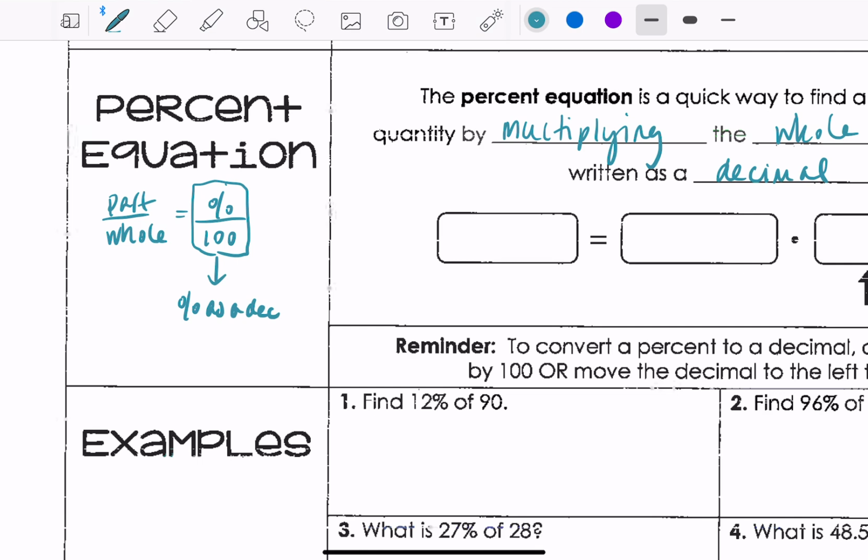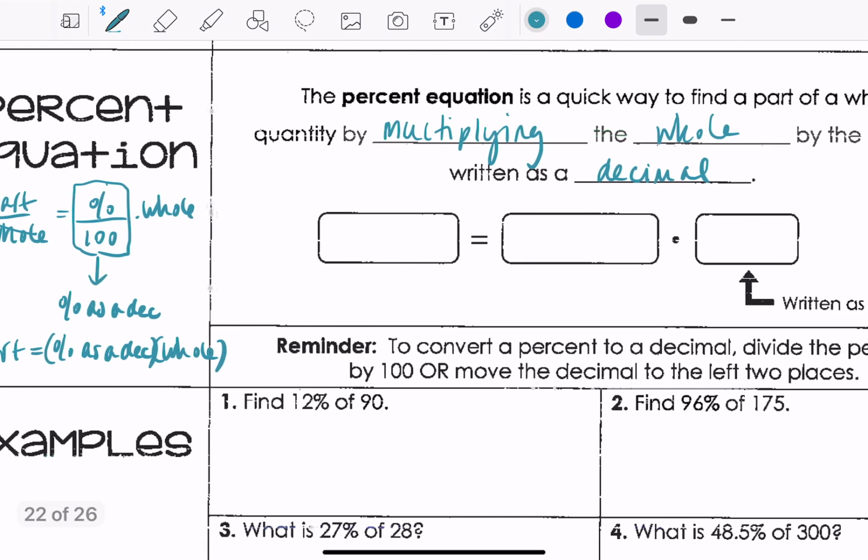And if I wanted to get the part all by itself, if I multiplied both sides by the whole, I would end up getting whole over whole, which would cancel out to be 1, and I would end up with part equals percent as a decimal times the whole. And that's what this equation is.